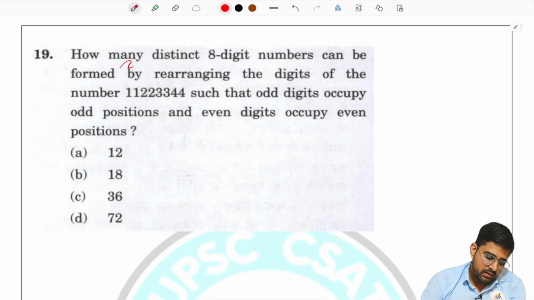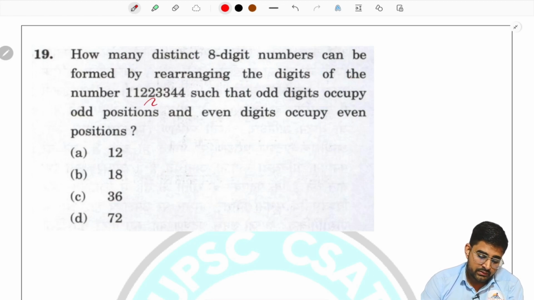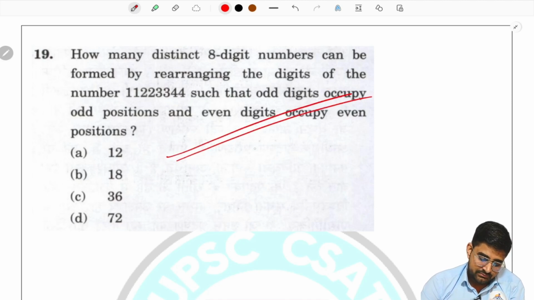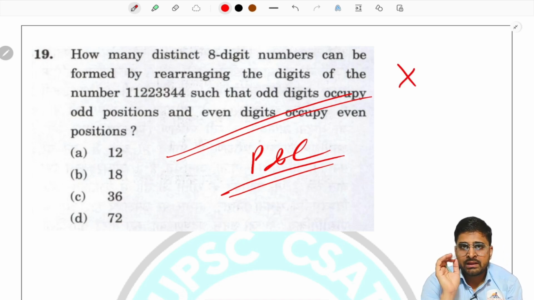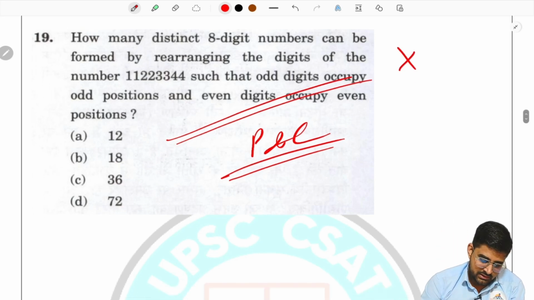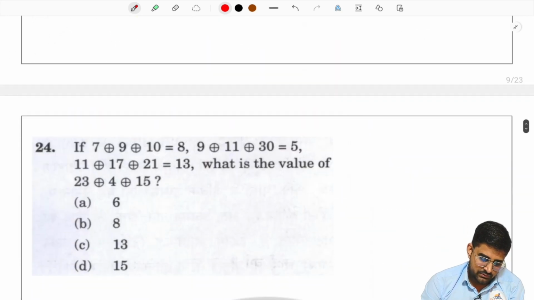Let's start the question. How many distinct 8-digit numbers can be formed by rearranging the digits of the number 11223344, such that odd digits occupy odd positions? This is a PNC question. We will discuss this in that chapter only. Okay, let's move to the next one.